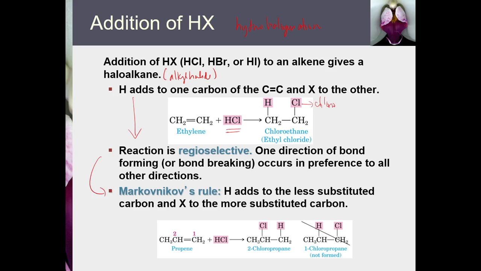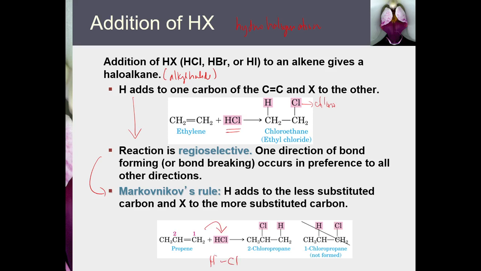So your H, your hydrogen, adds to the less substituted carbon and the X or the halogen is attached to the more substituted carbon. So like for example, this one is propene. It will react with HCl. Yung HCl, pag naghiwalay yan, it will become H and then Cl.